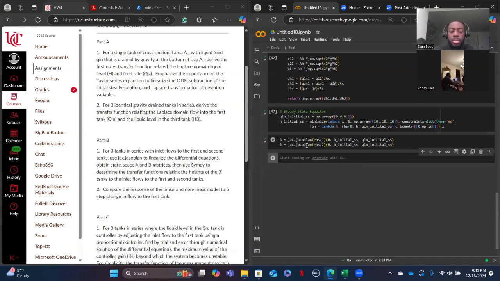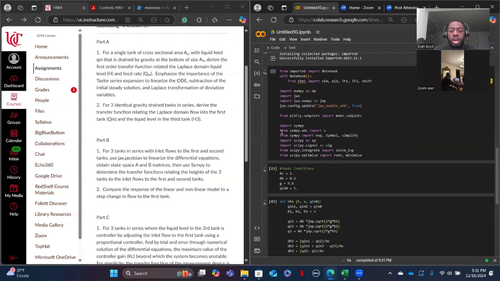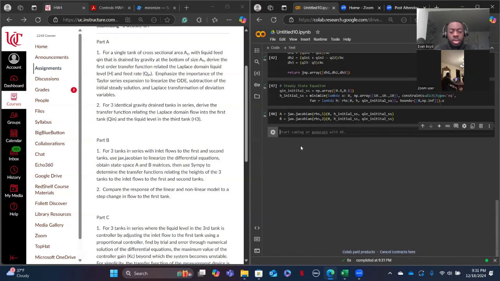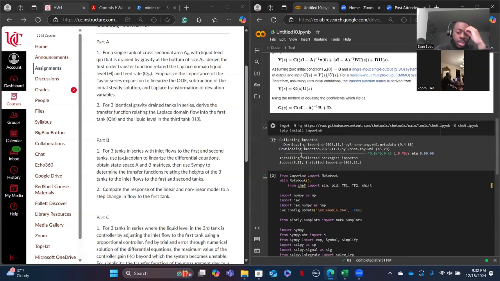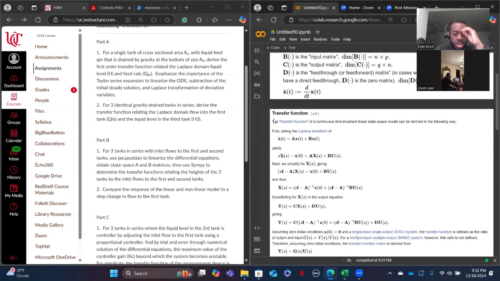And then next we need to now run a transfer function. So for our transfer function, I'll get into this now. Like it says here, the transfer function of a continuous time invariant linear state space model can be derived in the following way.